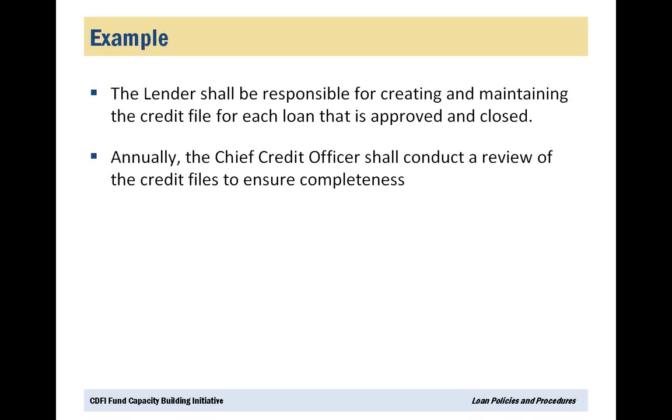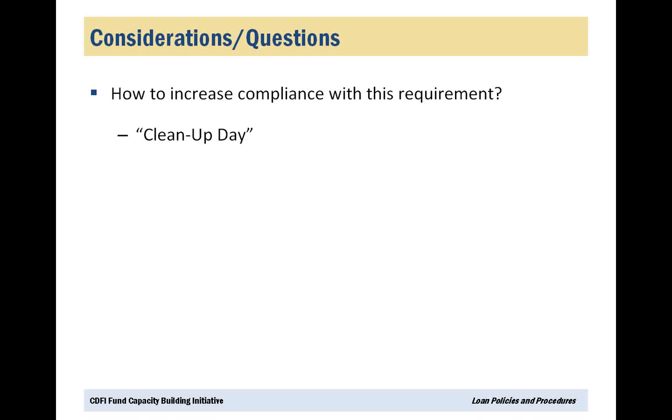The lender shall be responsible for creating and maintaining the credit file for each loan that's approved and closed. But this also says annually the Chief Credit Officer shall conduct a review of the credit files to ensure completeness. And that's another aspect of good credit file discipline, which is having an annual review of your credit files to make sure they really are complete and thorough.